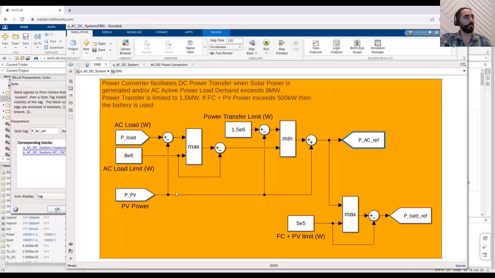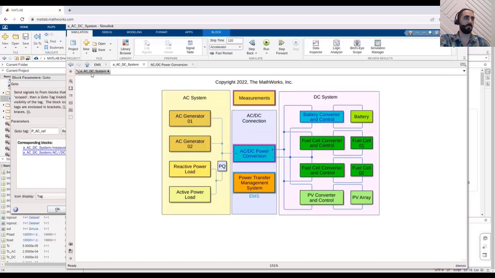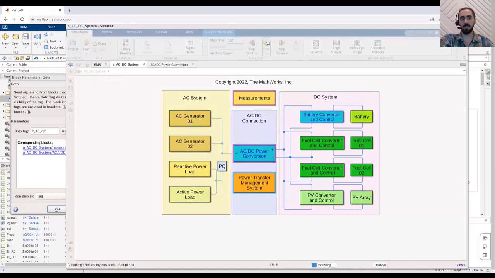Now let's memorize some of those numbers. 8 megawatts is the limit for AC load before the DC power kicks in. We transfer all the PV power. If we go above 500 kilowatts, we'll start using the battery, above the power limit of 1.5 megawatts. Let's simulate this system and see how it looks in practice.